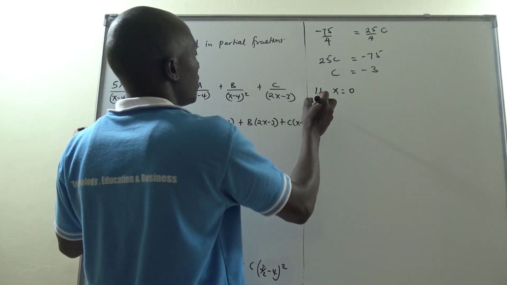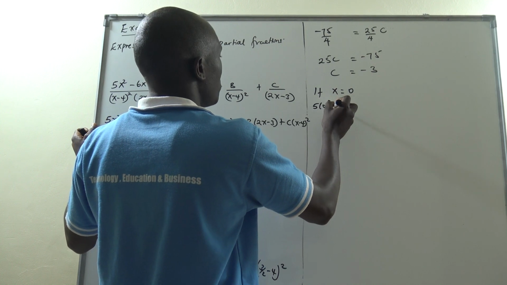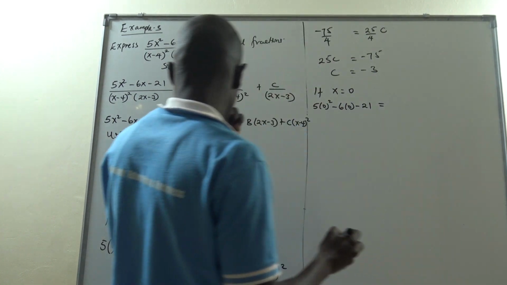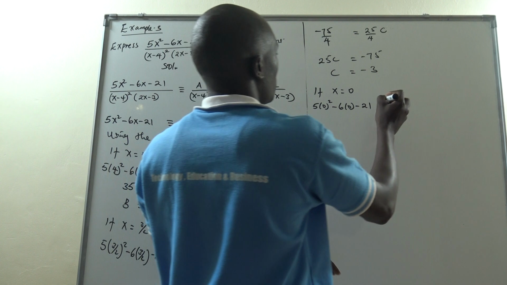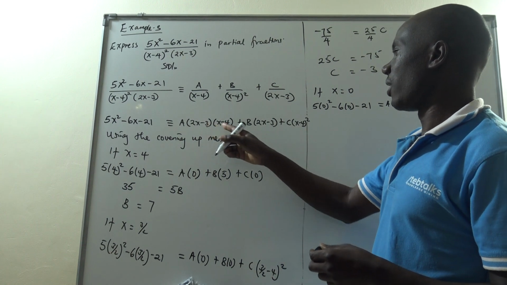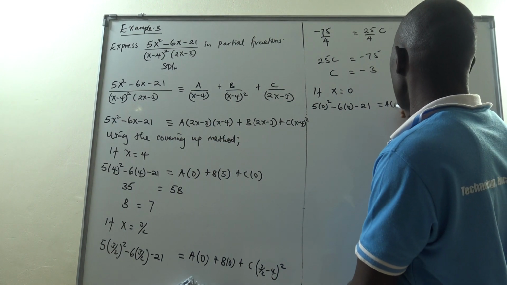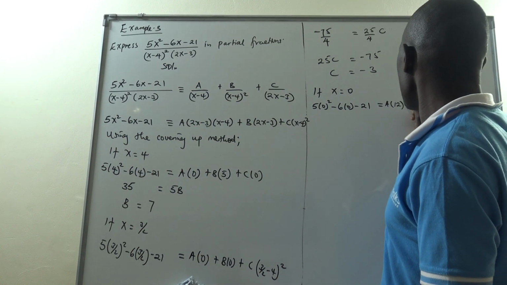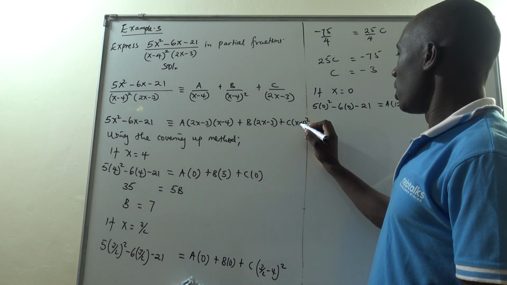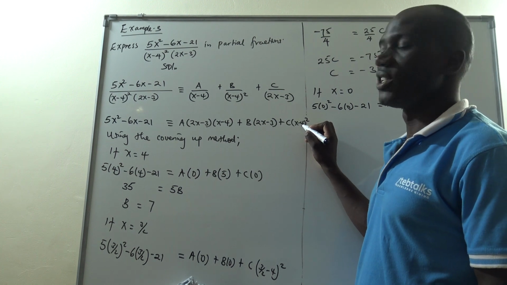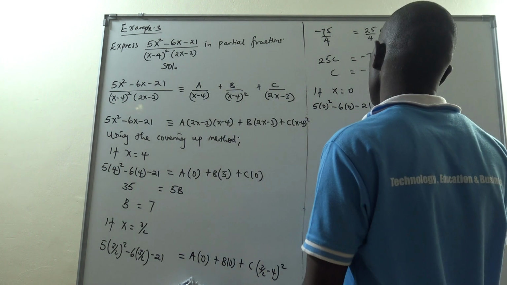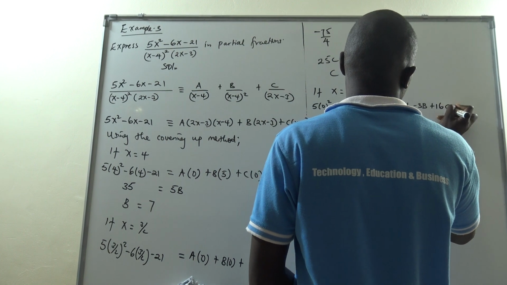So we are substituting in, we are getting 5 into 0 squared minus 6 into 0 minus 21 equals A into (2 times 0, we are getting 0, minus 3, times that we are getting positive 12), then plus B into (2 times 0, we are getting negative 3), then C into (0 minus 4, we are getting negative 4, and squared we are getting 16), which becomes plus 16C.